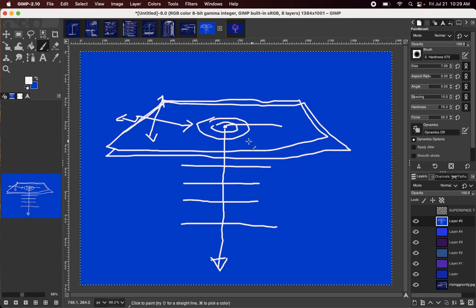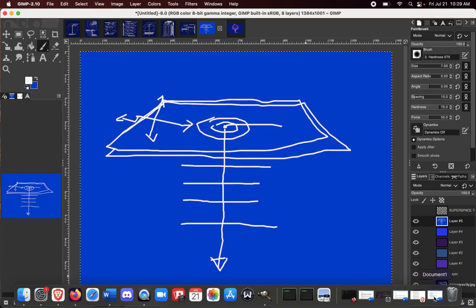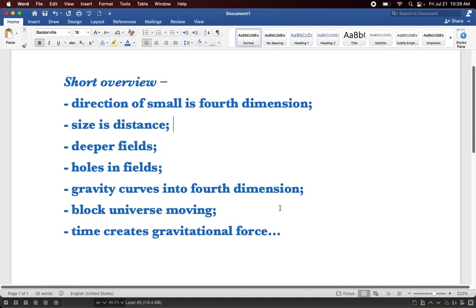And so that's what I mean when I say size equals distance at fundamentally smaller levels of physics. Size is distance.